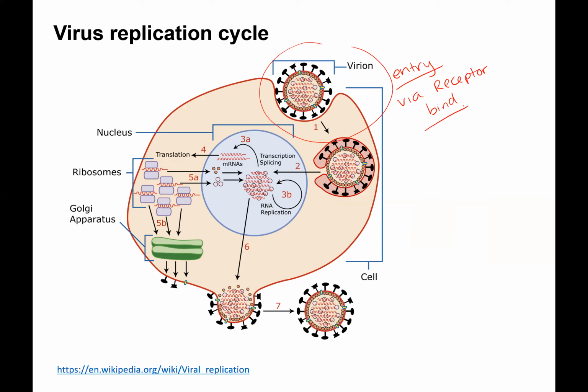But once the virus gets in, remember what's happening inside the cell is that the virus is trying to replicate its genome, express its proteins, assemble, make new viruses. And so the virus relies on host proteins and the host cell machinery.